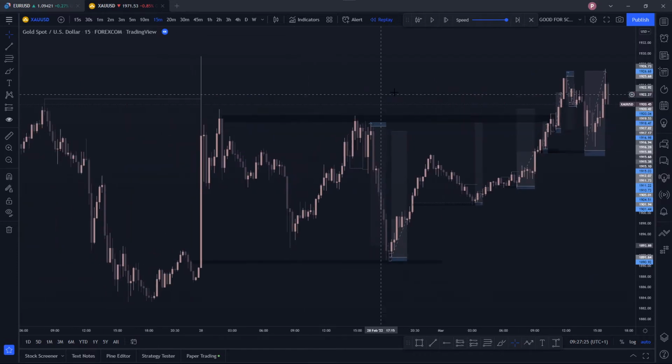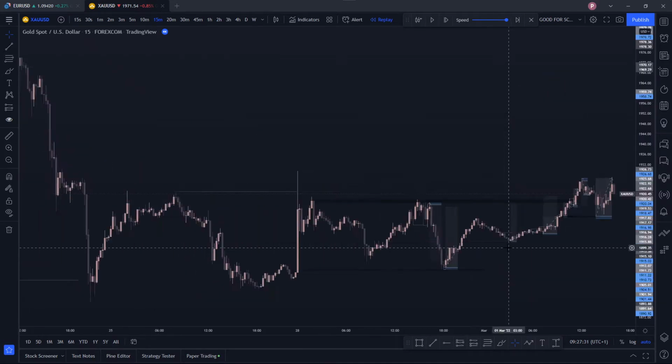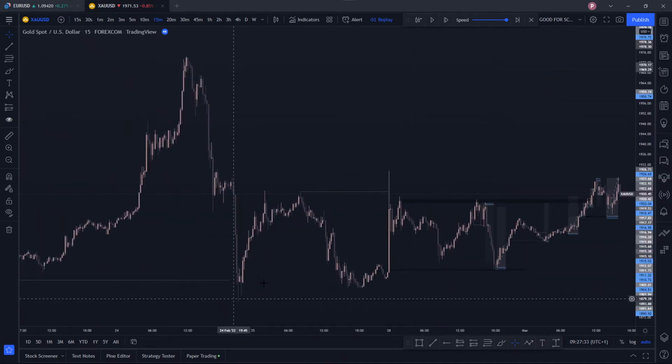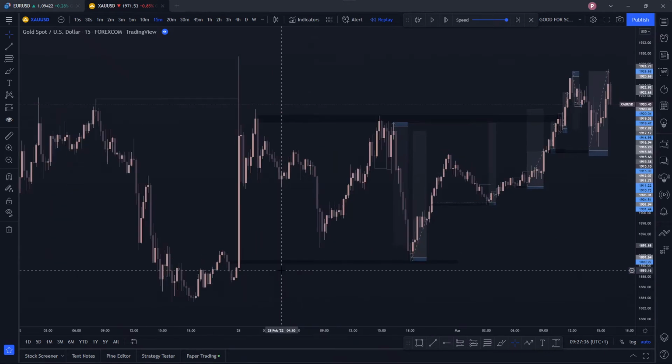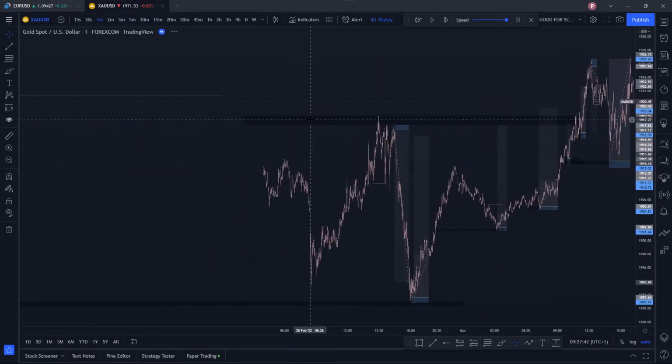Because a lot of these trades here were 1 minute entries, because I'm a very low time frame trader. I play with the 15 sec sometimes, so those are what I use for my POIs. Let's go down to 1 minute and see a clearer picture.